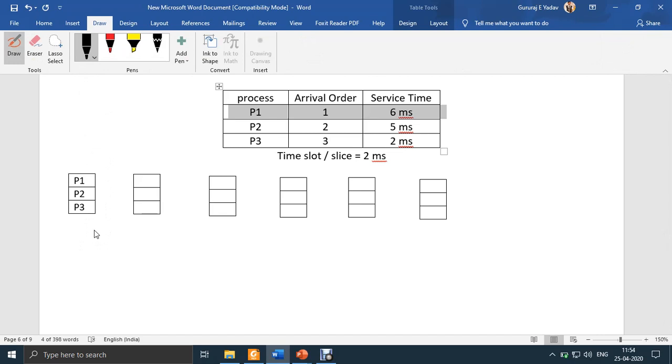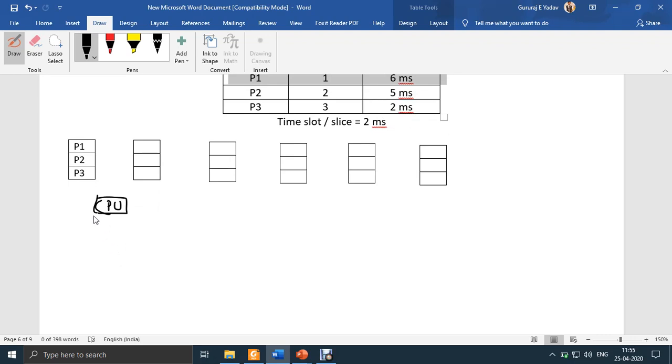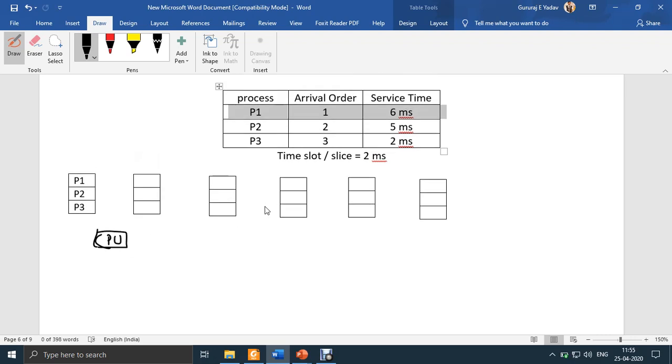Now let's say this is the CPU here. As I told, I am using a mouse, I don't have a pen to write, so bear with me for the writing. According to preemptive round robin scheduling, in the ready queue, whichever process is at the first place, at the top of the queue, will get its chance to execute first.